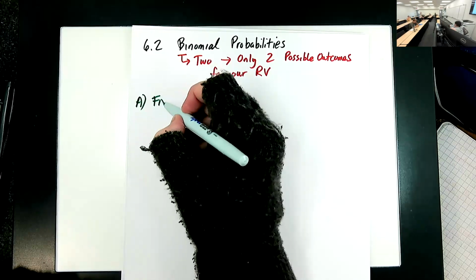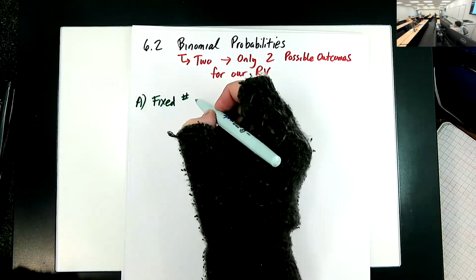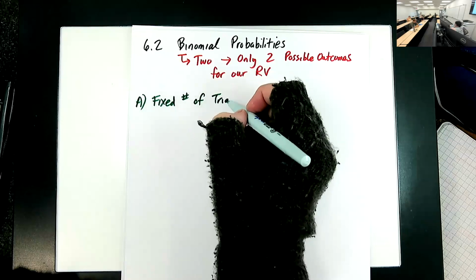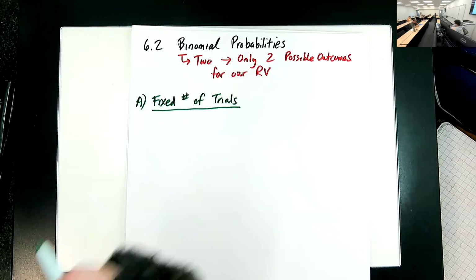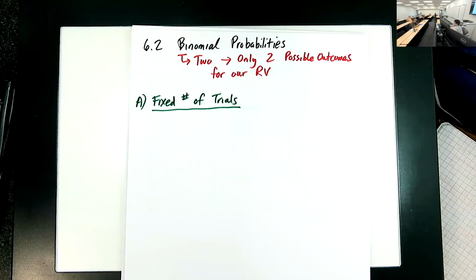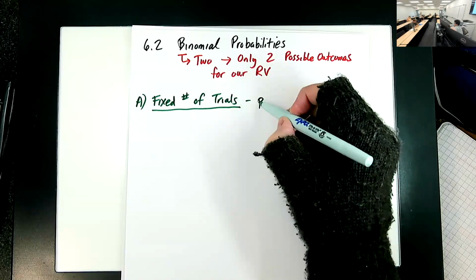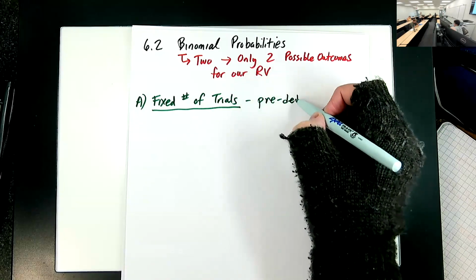A, there has to be a fixed number of trials. This is a predetermined amount before we start.